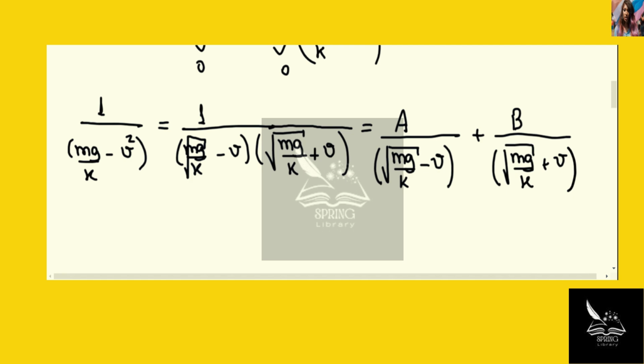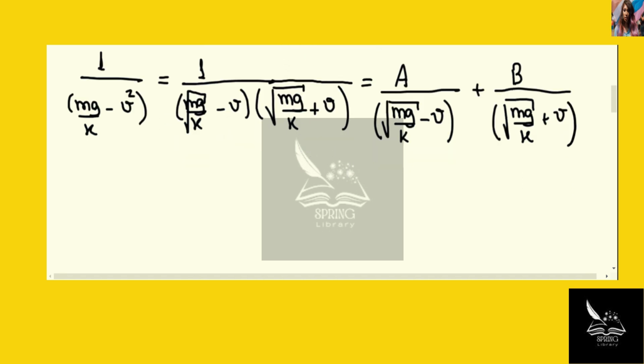And you can check that this equation has a solution if a equals b equals 1 over 2 times the square root of k over mg.